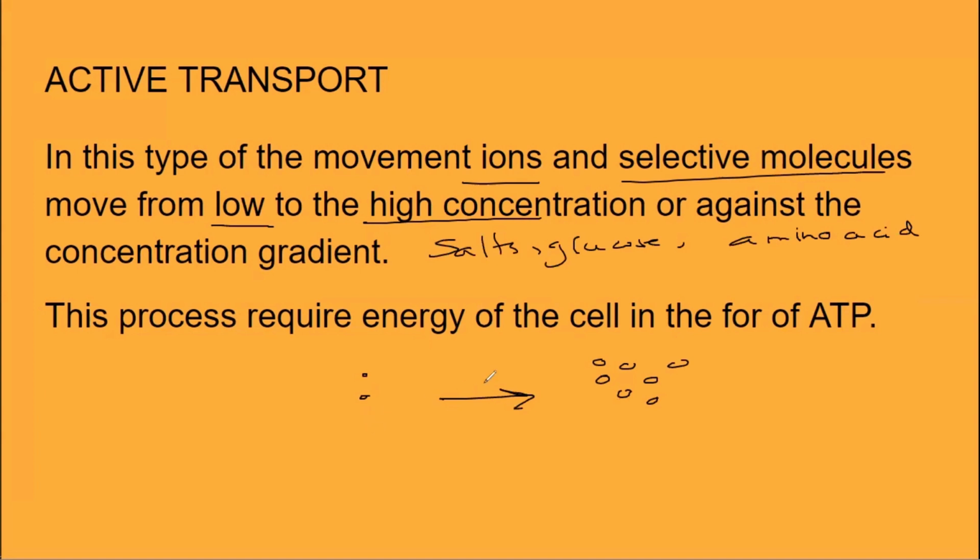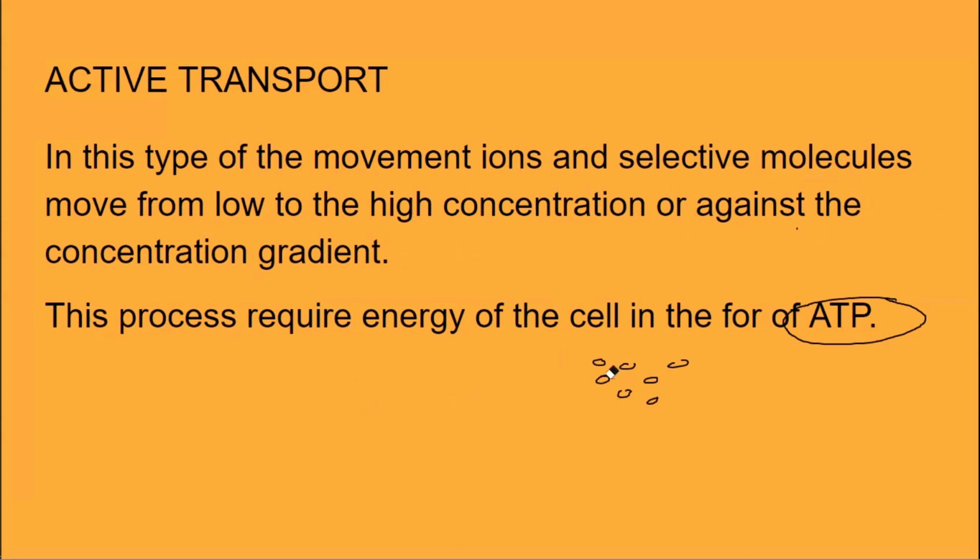That is called active transport, and it requires energy in the form of ATP, which is there in the cell's mitochondria. Few particles are moving and joining the crowd of particles, so this process requires energy.